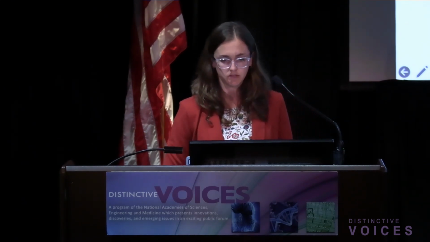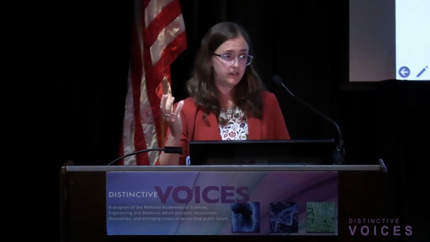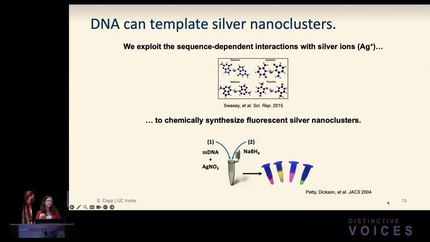And so what my lab does is we use DNA and silver. So we use silver because silver nanoclusters are known to be very brightly fluorescent. And we use DNA because DNA is known to have sequence-dependent interactions with silver ions. In other words, little silver ions can go and decorate the nucleobases of DNA.